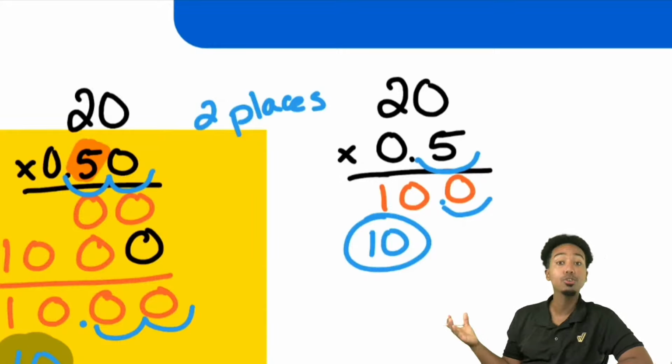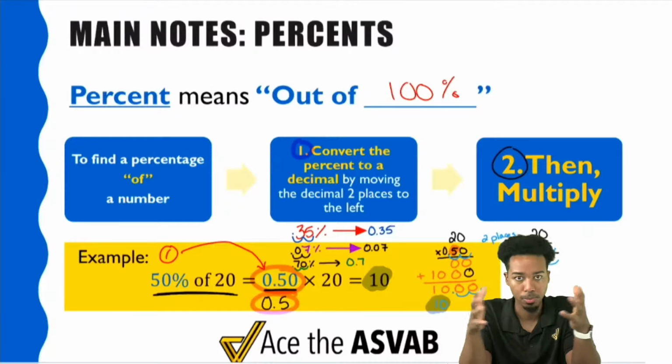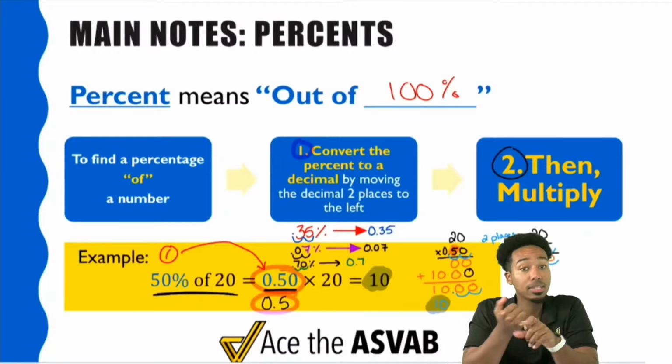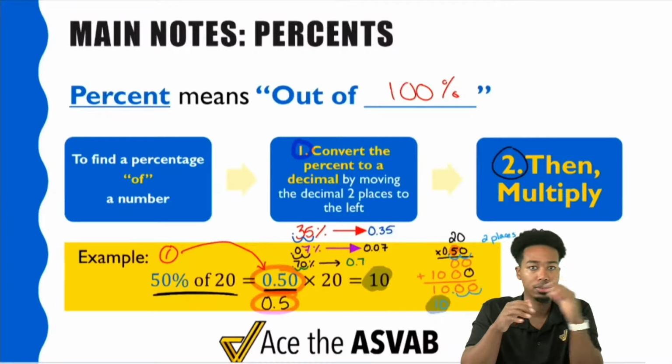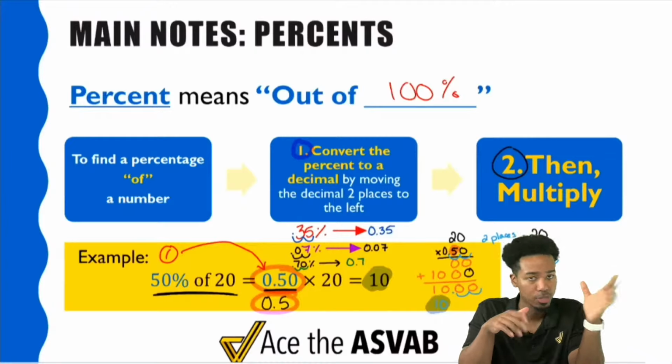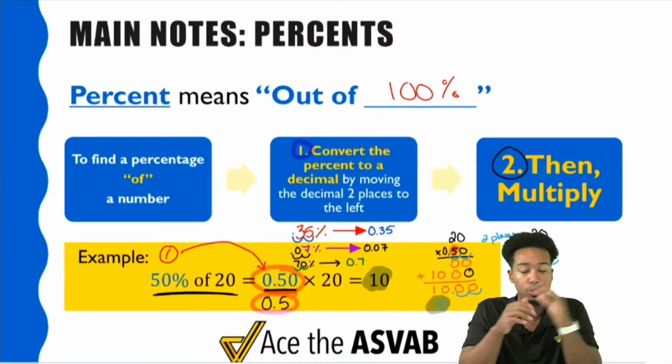On your notes right now, what you should see are the main ideas. A percent is out of fill in the blank. What is it? Percents are out of 100. Now, if you are trying to find the result after applying a percentage, what operation is that typically?